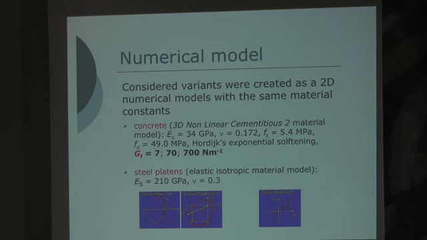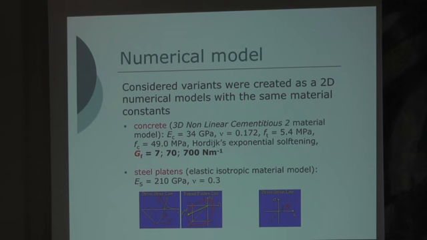The steel platens for the four-point bending of the specimen were formed by an elastic isotropic material model with Young's modulus 210 gigapascals and Poisson ratio 0.3.